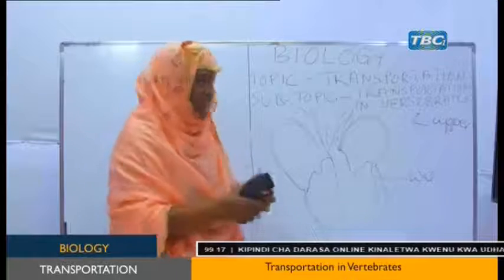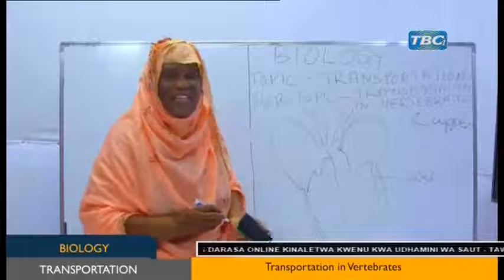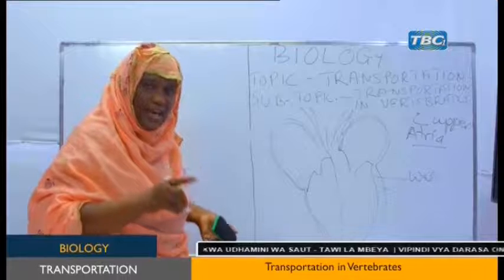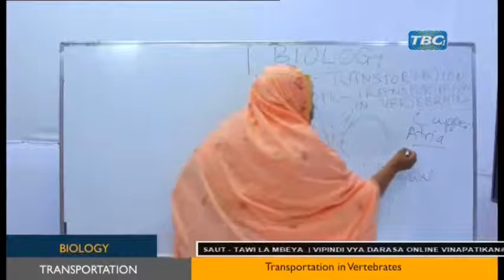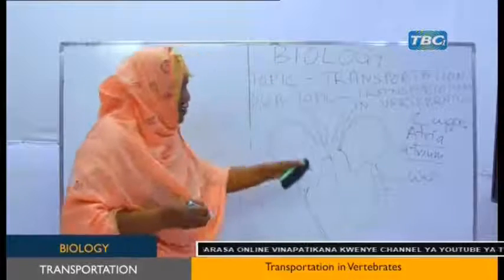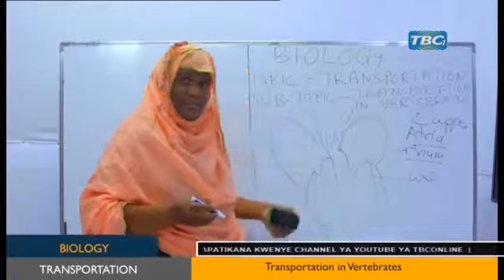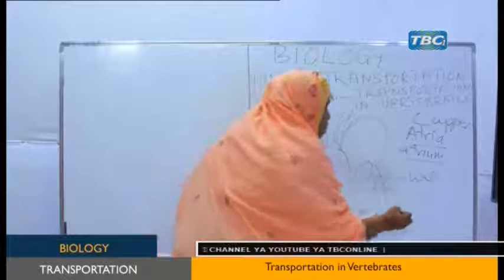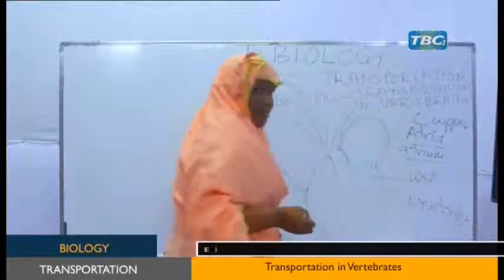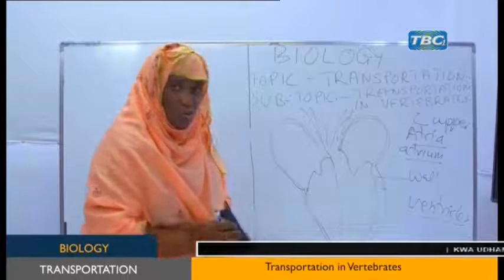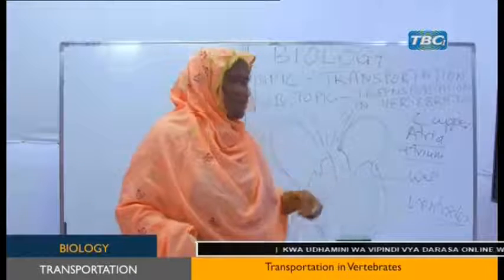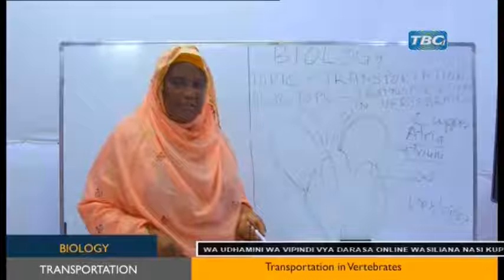The 2 upper chambers are known as atria, atria plural, singular atrium. And the lower chambers are called ventricles. They are also 2, it means right ventricle and left ventricle.